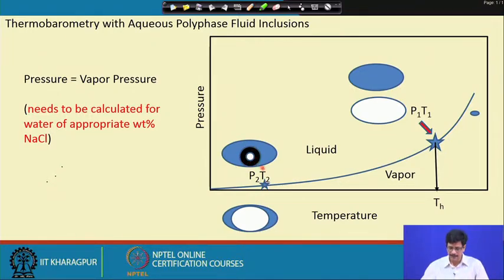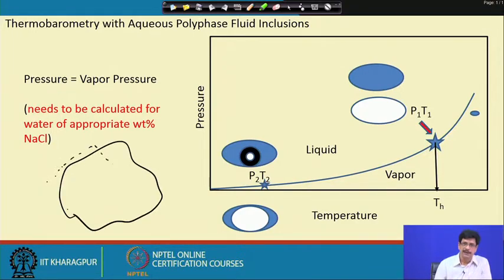The situation is that when we heat these two, the necessary condition for such a situation is that if this is the host crystal, then these two inclusions, one which will be a very vapor rich inclusion like this, and one which will be a liquid rich inclusion like this, as shown by these two sketches, have to be coeval.